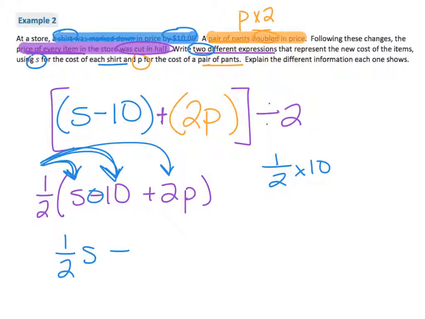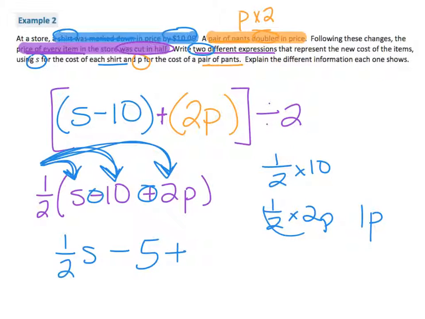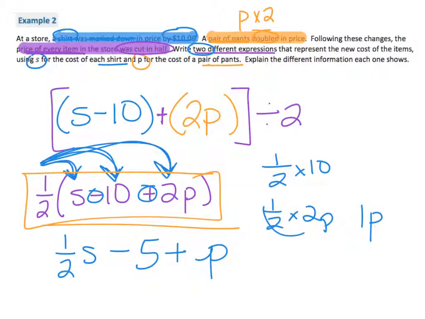Well, half of 10 is 5, plus 1/2 times 2P. Well, 1/2 of 2 is simply 1, and then I have my P. But we don't have to write the 1, so I'm just going to put P. So here are my two expressions. They both show the cost of buying a shirt and a pair of pants.